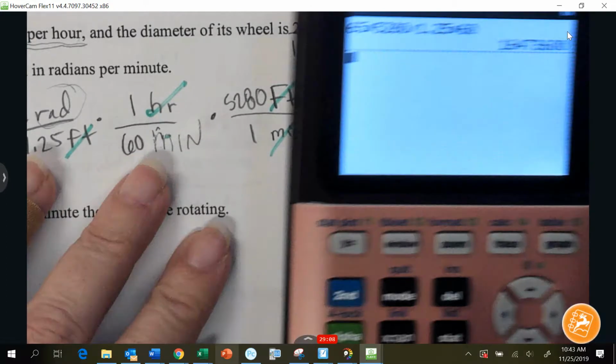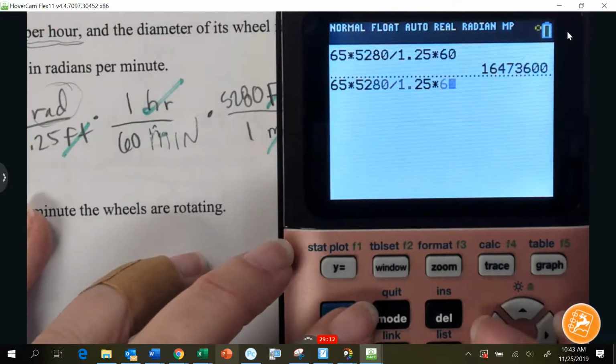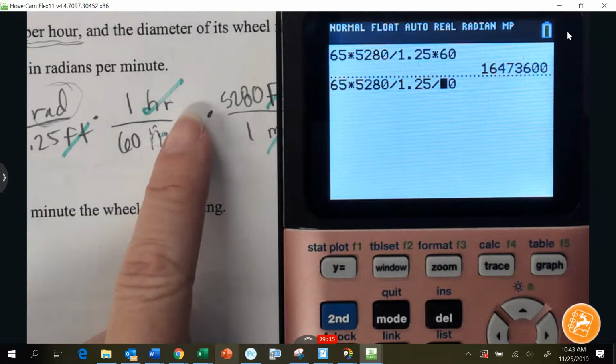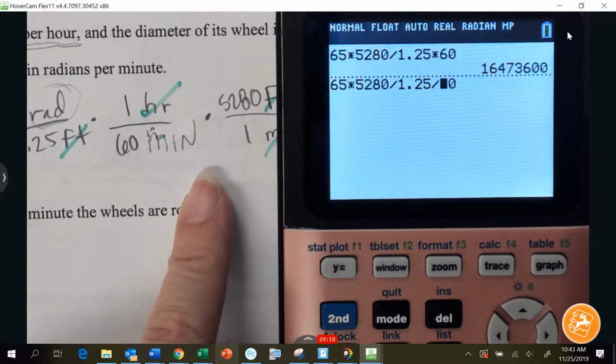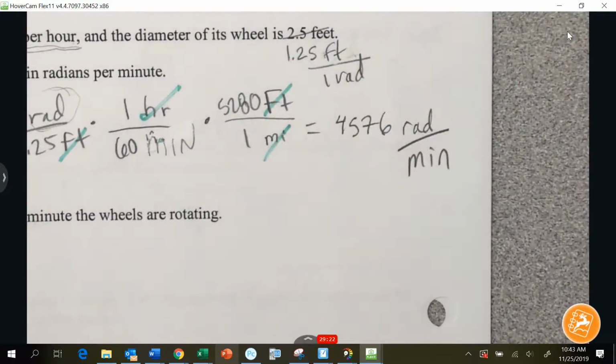So you either need parentheses, or if you just changed it to division, like if it's on the top, you can hit multiply. If it's on the bottom, you hit divide, and then it'll work. Okay? Yes? Yeah, that's fine too. I like doing less.